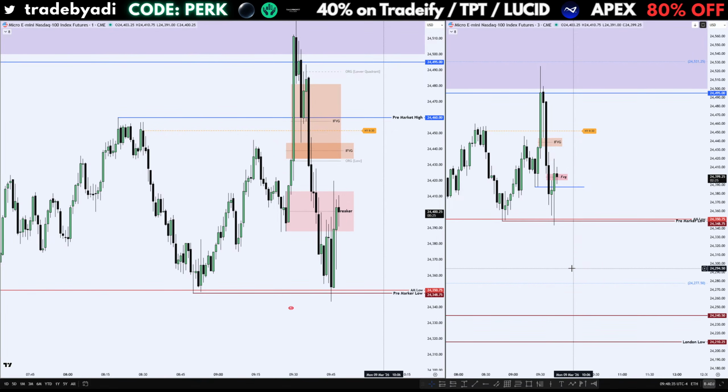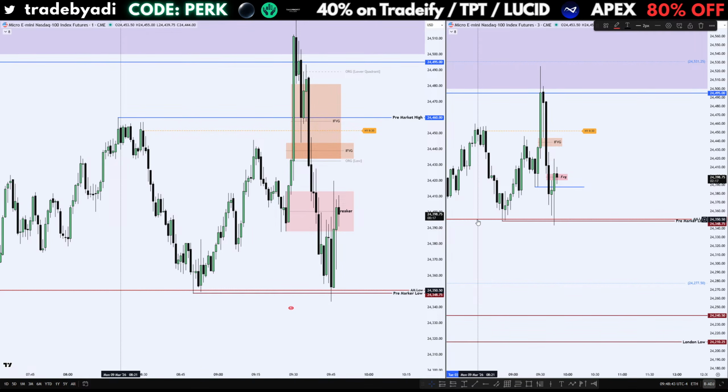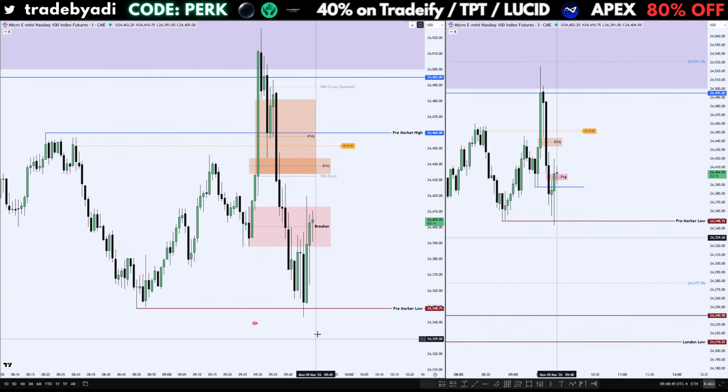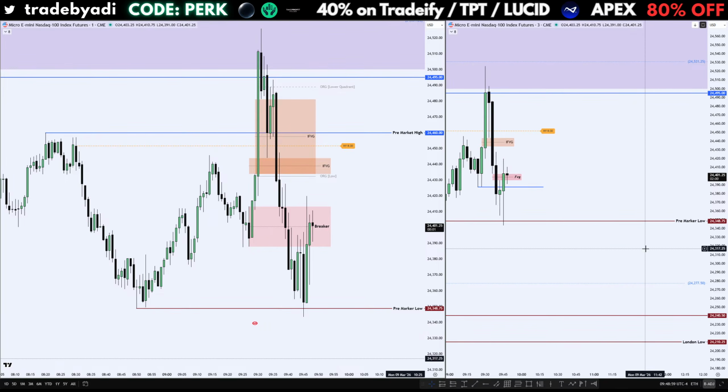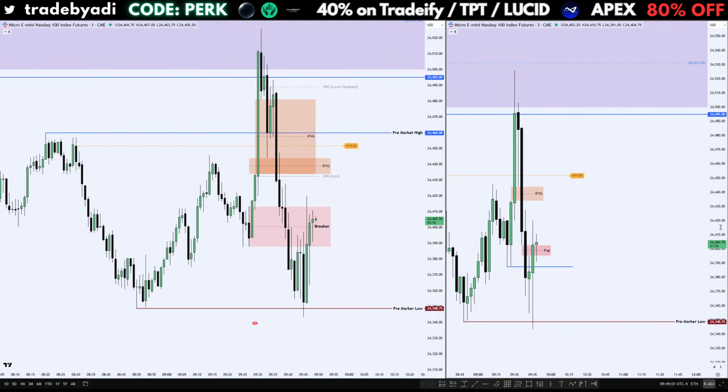Right now we have taken out the two liquidities, the AM session low and the pre-market low. I'm going to remove this AM session low and only keep the pre-market low. There is a bad signature.